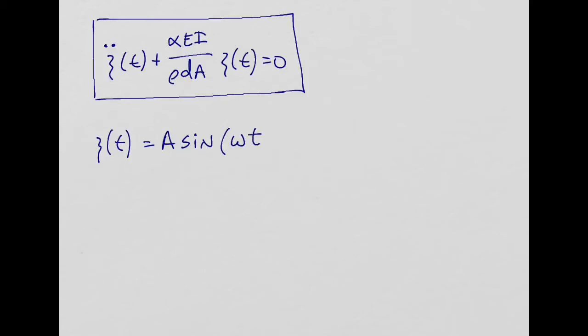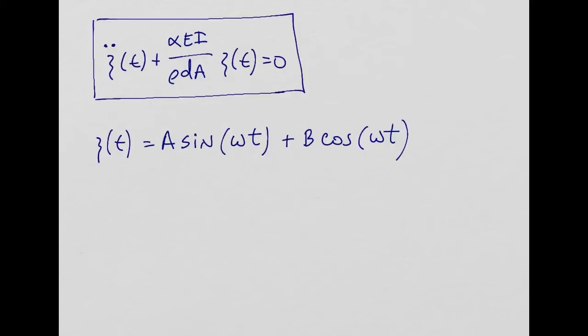So A sine of Wt, W is the frequency, t is time, plus B times cosine Wt. I think this might be familiar to you from the maths modules you had in year 2 and 1. I think you did study some techniques to solve differential equations, right? Partial differential equations. So that's what we are doing here.